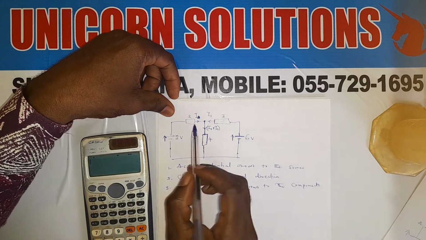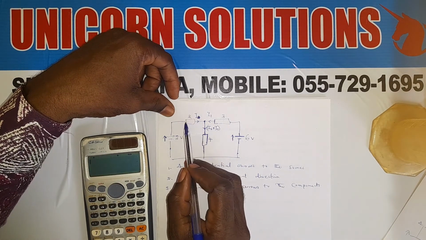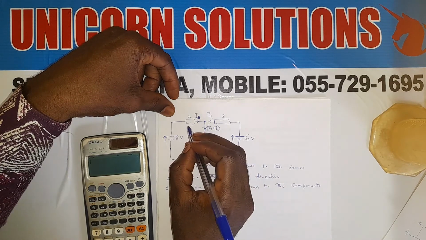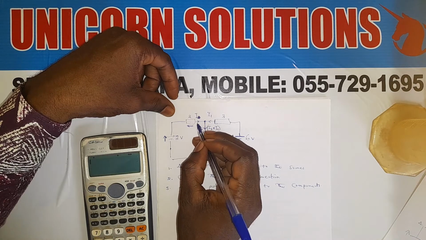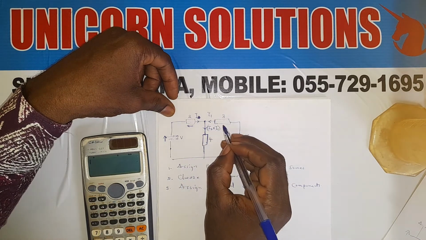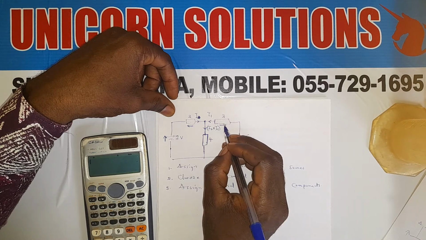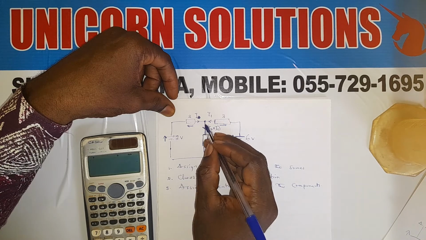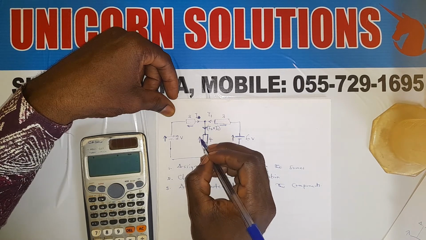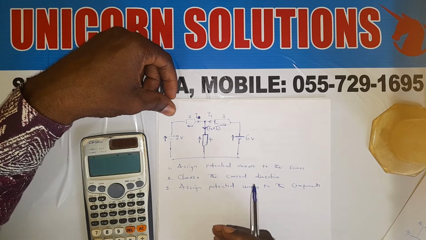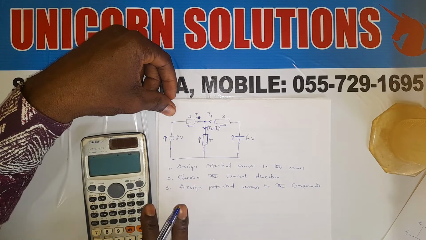Now, since current is moving this direction, the potential arrow for this resistor should go opposite to the current. At this point, current is moving this direction, so my potential arrow should go this way. Then at this point, the current is coming down, so my potential arrow should go up. This is a rule that you should follow strictly, or else you end up getting your answer wrong.